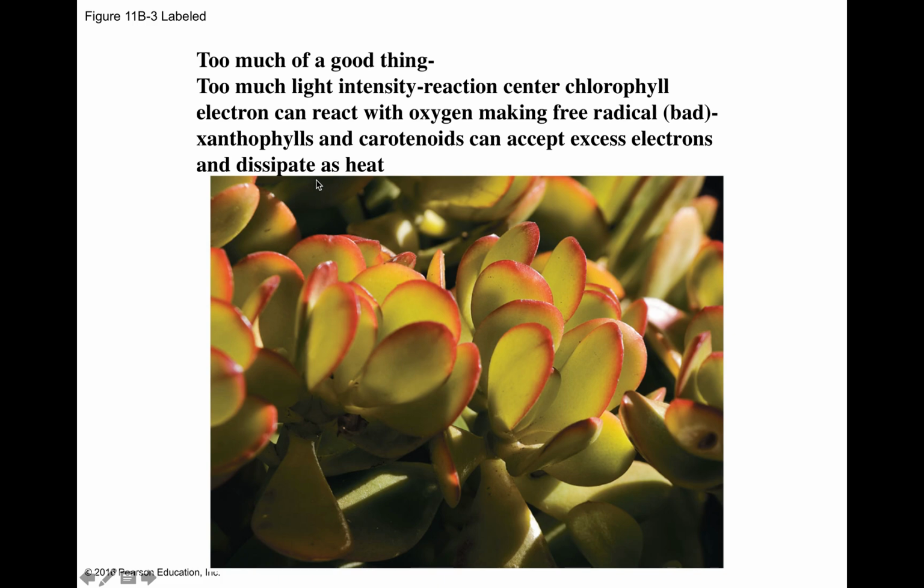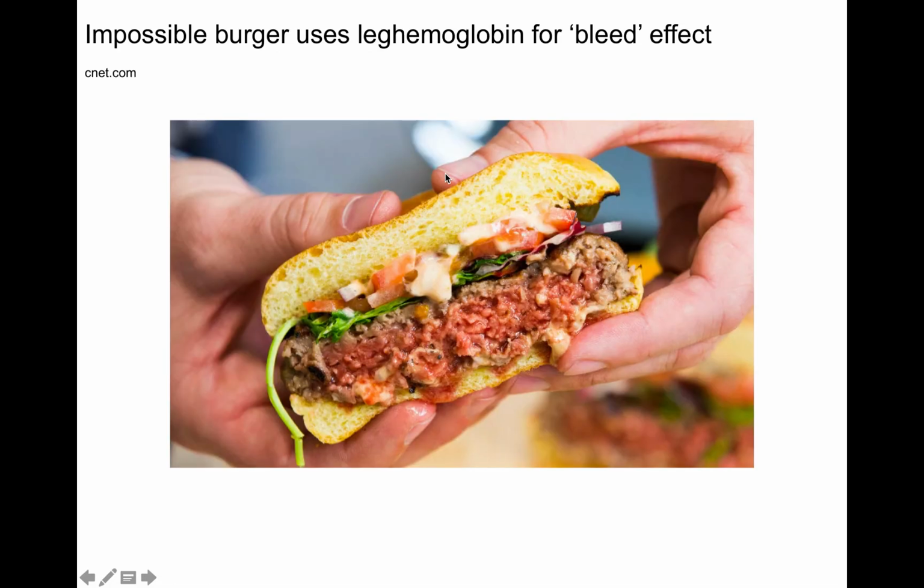And they can also accept excess electrons and dissipate those electrons as heat. So not the hemoglobin, but xanthophylls and carotenoids, other light-absorbing pigments. So it's not that the xanthophylls and carotenoids are sucking up the oxygen. It's the hemoglobin that is sucking up the oxygen.